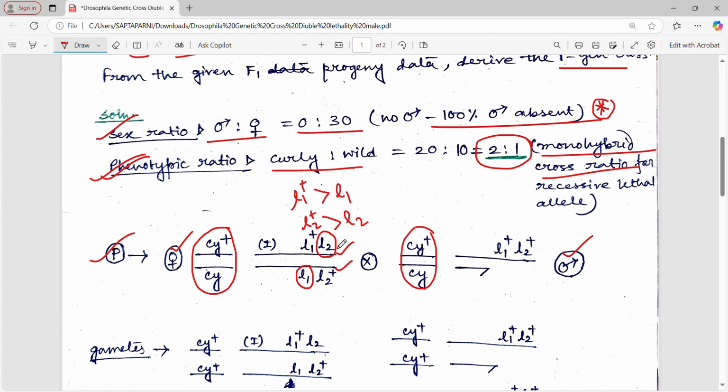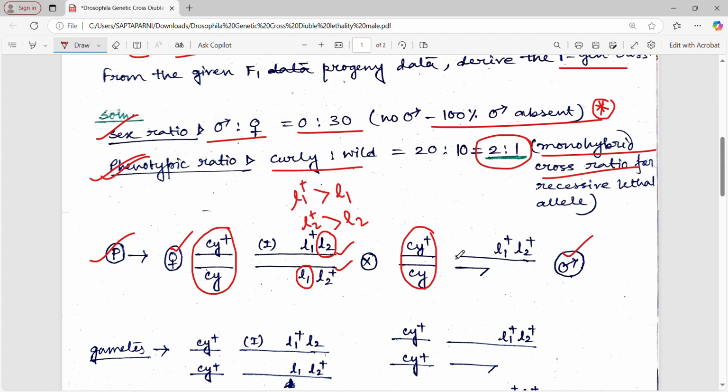On the other hand, though L1 cannot produce protein, its complementary wild type allele L1 plus is present here, which complements the absence of protein from L1 on this chromosome. So these two complement each other and the mother is viable, though it has two mutant alleles.